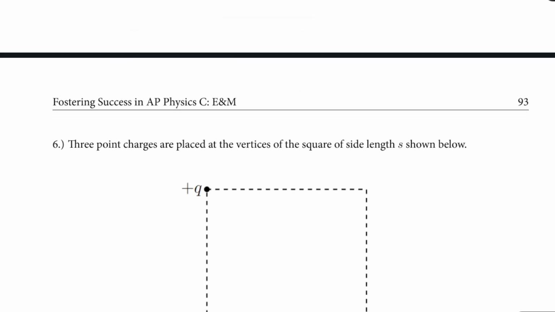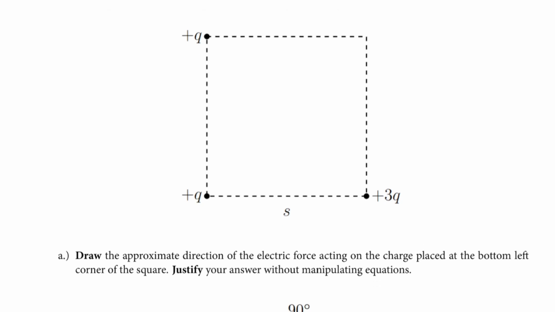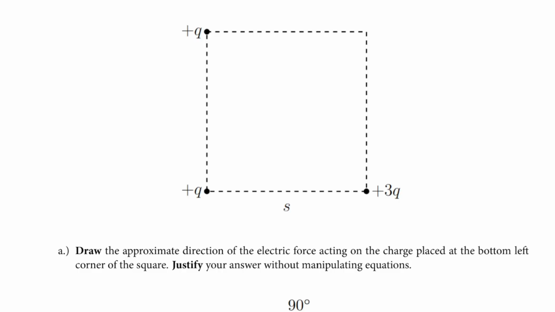Now we'll bump it up to 2 dimensions. 3-point charges are placed at the vertices of a square of side length s. And we're first interested in the direction of the force at the charge placed at the bottom left corner. As with the first force problem we did with multiple charges, we will do vector addition.